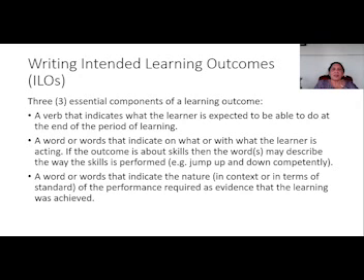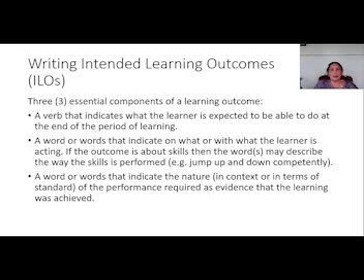First, it has to have a verb. What verb? You learned it in high school, in elementary. A verb is an action word, a verb that indicates what the learner is expected to be able to do at the end of the period of learning.